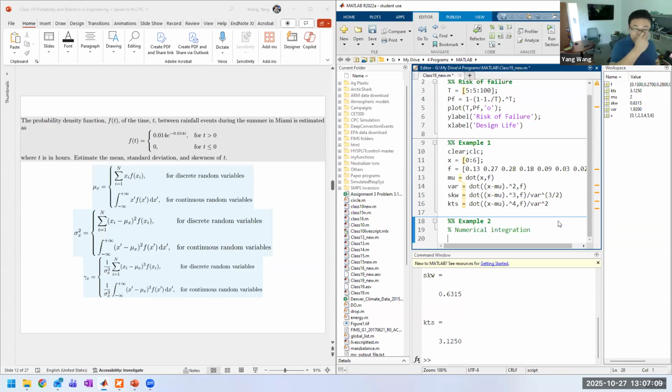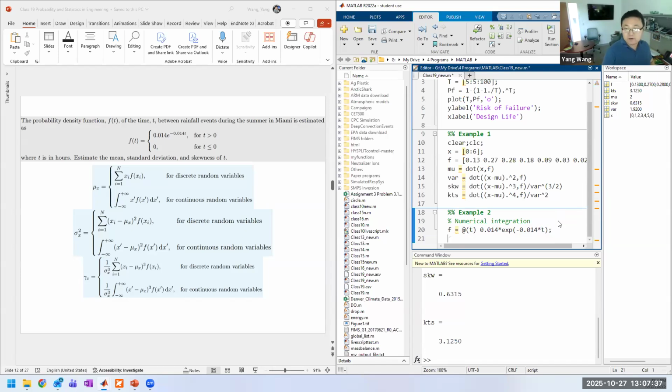So we need to first define our function, right? So it's going to be f. Let's say f is going to be at t, and then it's going to be 0.014 multiplied by exponential minus 0.014 multiplied by t, right?